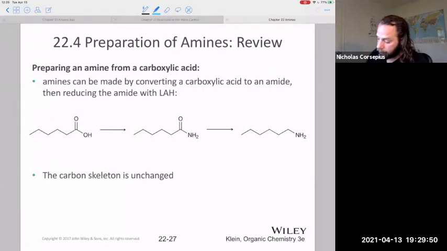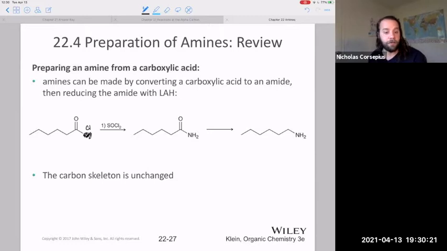Another way that we can do this is from an amide. Okay, so if we started with a carboxylic acid, we can transform that into an amide. How did we do that? Remember, you could sort of mix in ammonia, but that doesn't really work very well with carboxylic acids because you just get this acid-base reaction. So the most efficient method for doing this is to first convert it into an acyl chloride, right? So this first step just replaces this OH group with a chlorine.